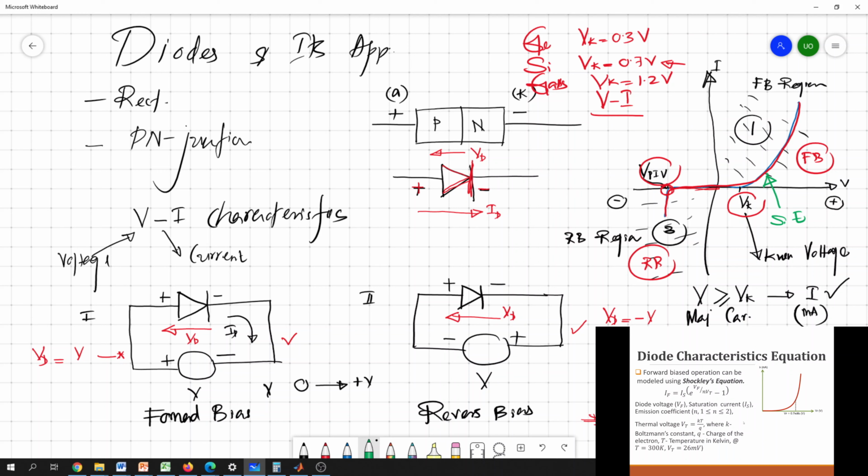So we can model this mathematically using the Shockley equation, which is an exponential type of equation. If you want to precisely analyze the characteristics, you can use the Shockley equation to find the diode currents for different diode voltages.